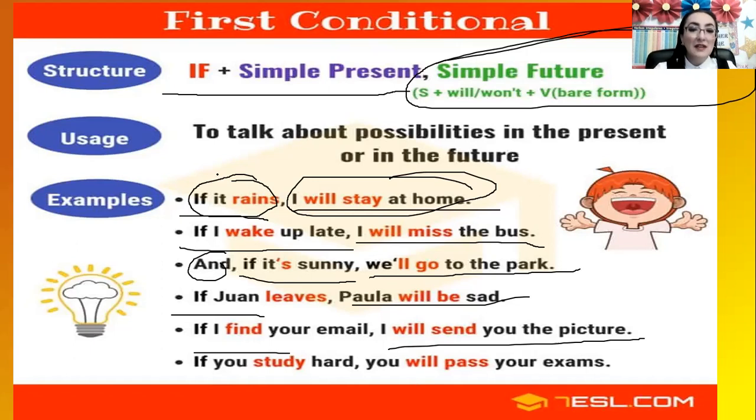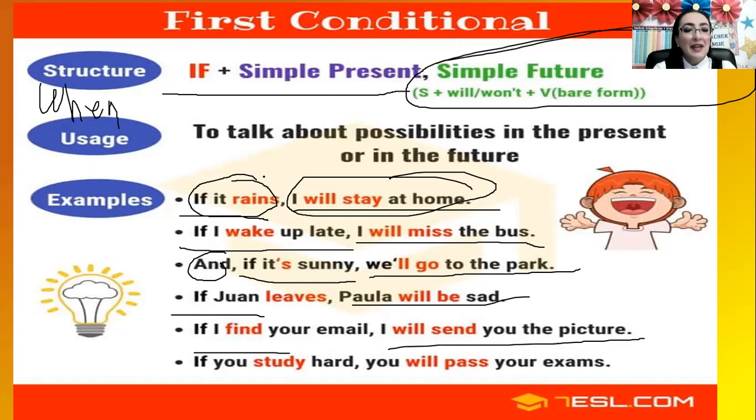Remember, you can change places with the result and the condition. If it rains, I will stay at home. I will stay at home if it rains. Can we use when here? No, we cannot use when here, not anymore. Why? Because it is going to be super strange. When it rains, I will stay at home.